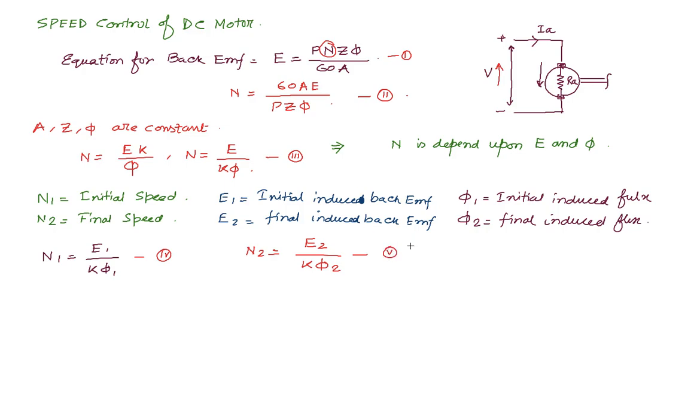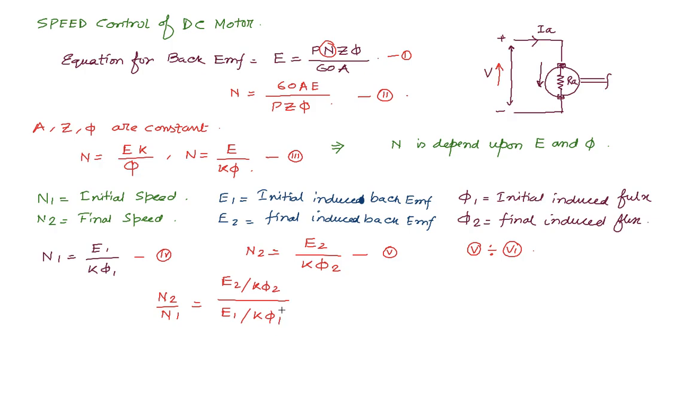Now equation 5 is divided by equation 4. What we get is N2 by N1 is equal to E2 by K phi 2 divided by E1 by K phi 1. What is our finding?